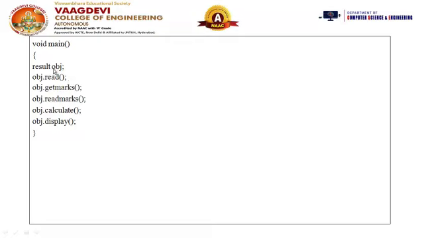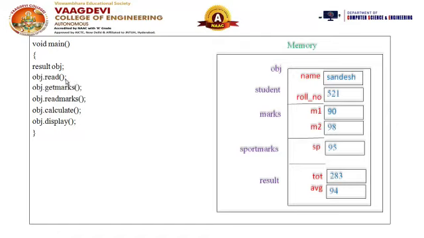Using the derived class object obj, we can call the member functions of base and derived classes. The statement obj.read calls the read member function present in the student class, which reads the values for name and roll number. This statement reads m1 and m2 of the marks class.